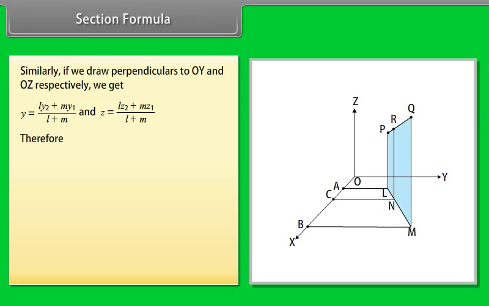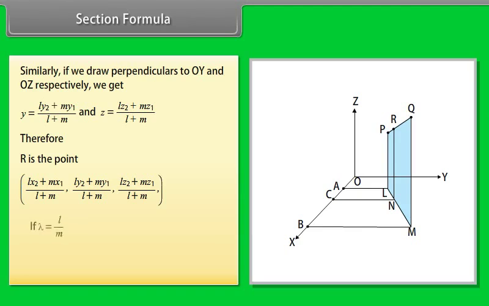Therefore, R is the point ((l x2 plus m x1) divided by (l plus m), (l y2 plus m y1) divided by (l plus m), (l z2 plus m z1) divided by (l plus m)).